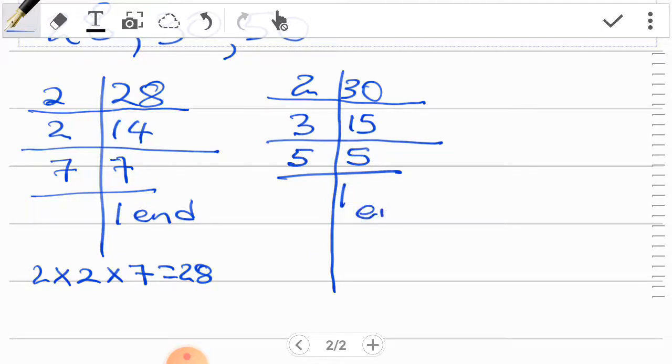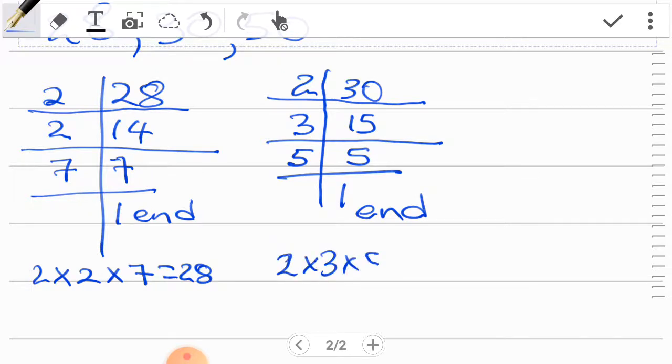As soon as we reach 1, then we're at the end. So let's write out the prime factors here. We're looking at 2 times 3 times 5, and there we go. That's 30.